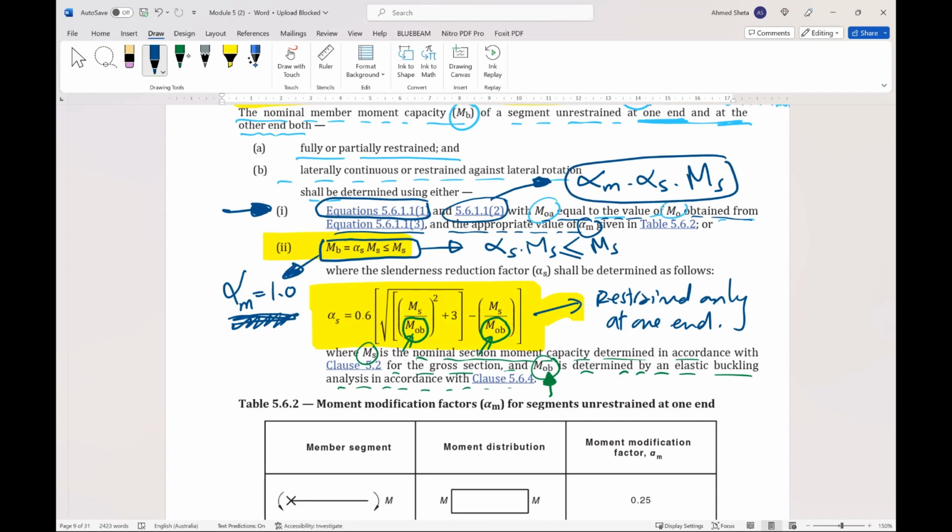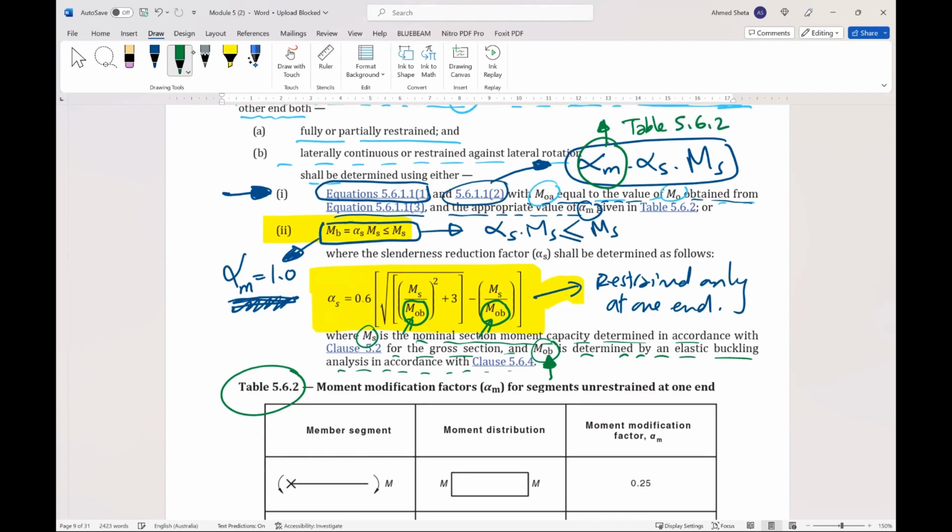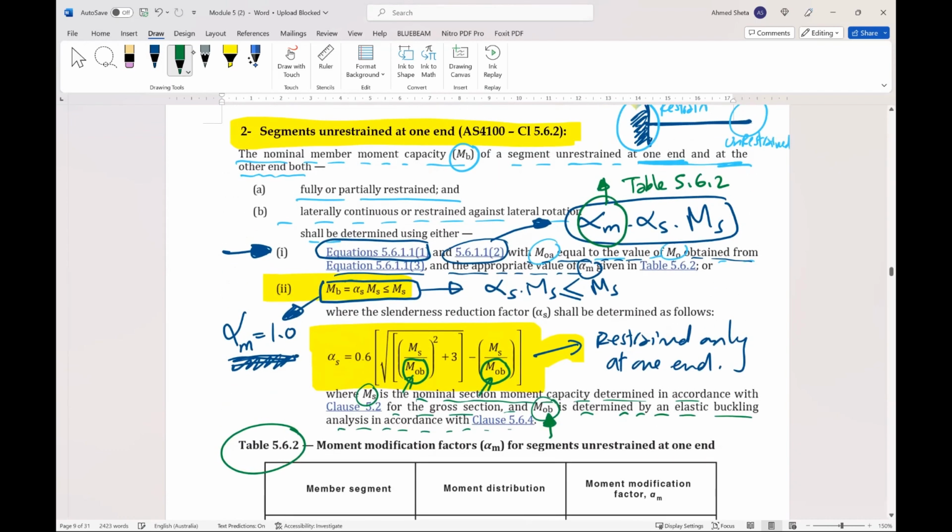But here the change is that alpha M will be taken from table 5.6.2. So for a cantilever, you can use the same procedure, but only use this table for alpha M for cantilevers.